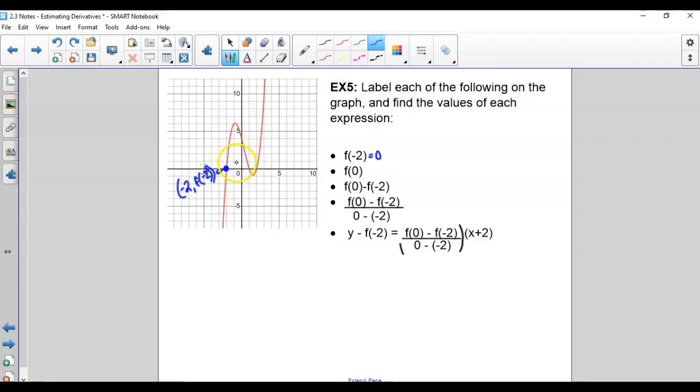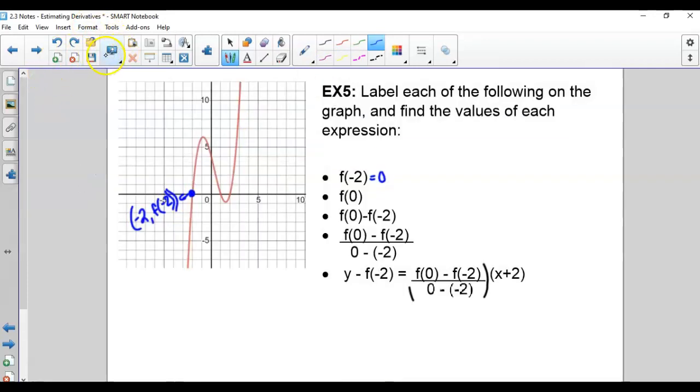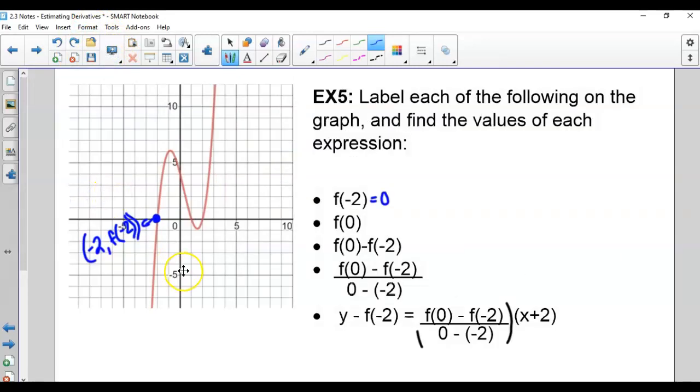And so if I were going to label this, let me make this a little larger so we can see it a little better. If I'm going to label this on my graph, on the y-axis right here, this is f of -2 right there. And so I'm going to label f of 0.